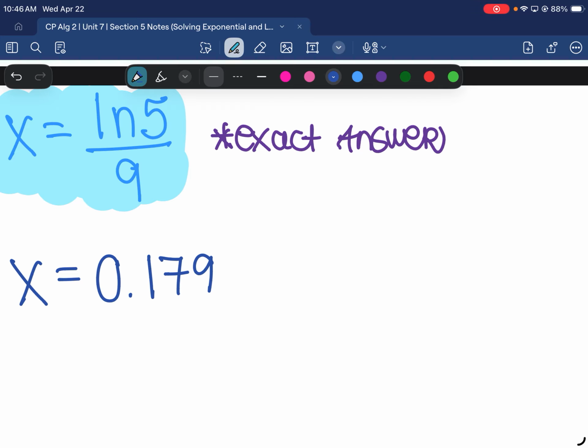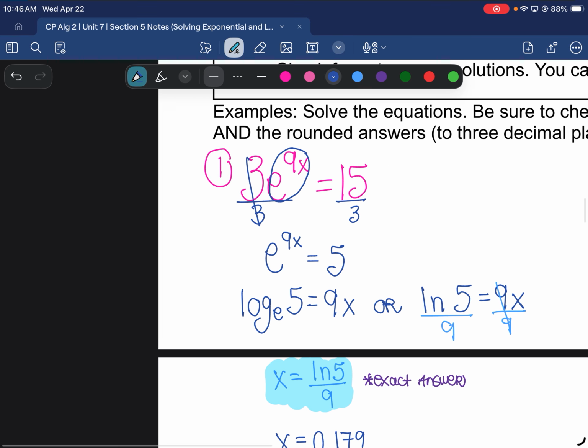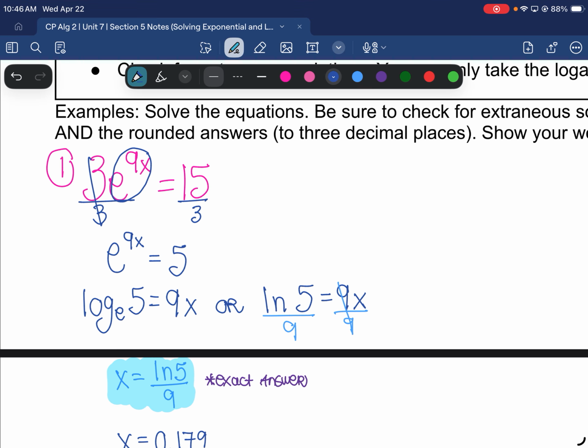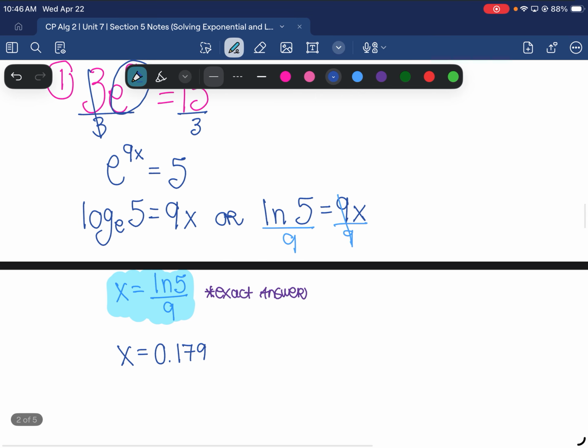Okay, so listen. You can put this original equation in your equations app. It only gives you the rounded answer. And I am going to always ask you for the exact answer and the rounded answer. So you're going to have to show me your work. You're going to have to know how to do this by hand.